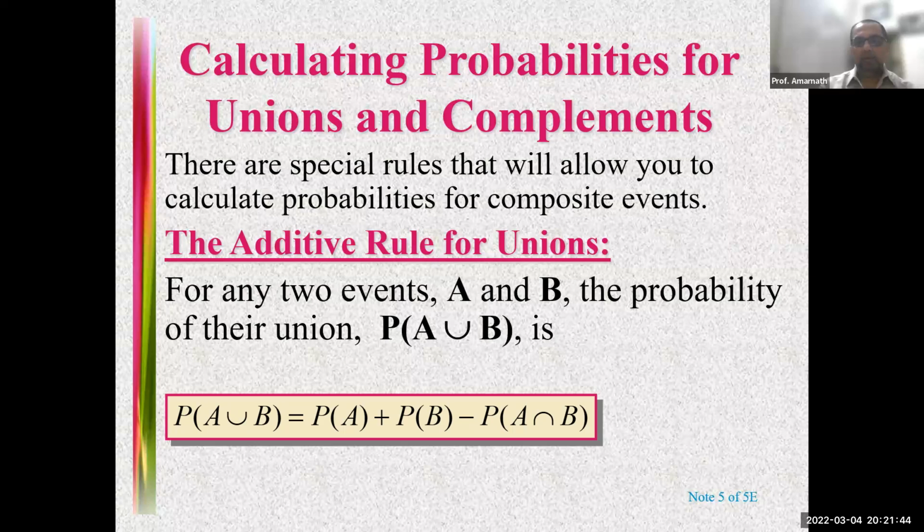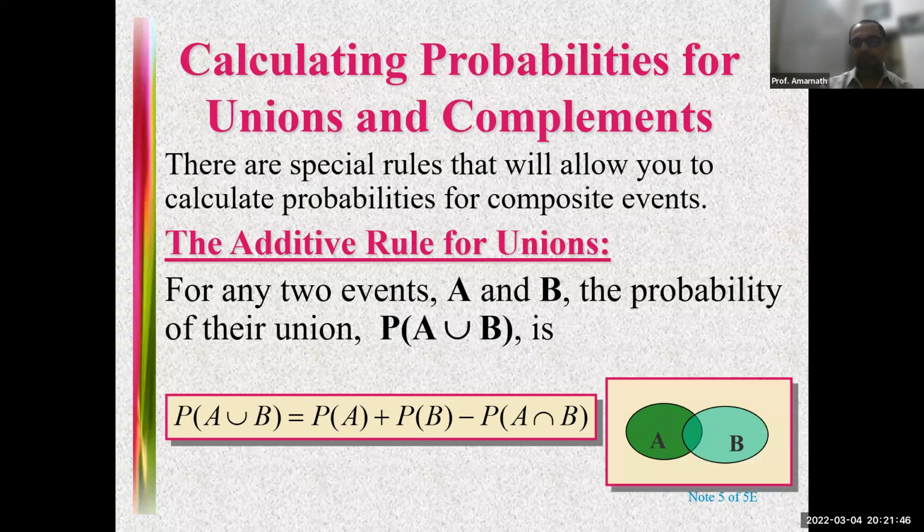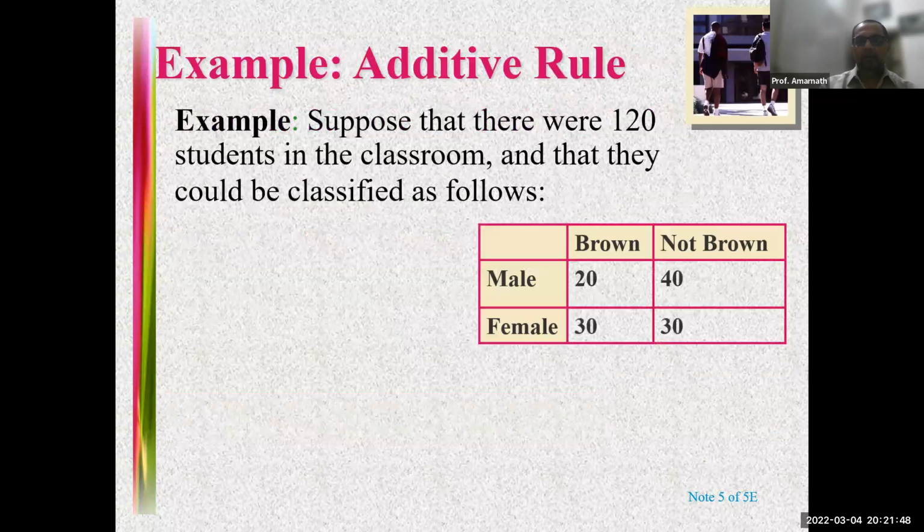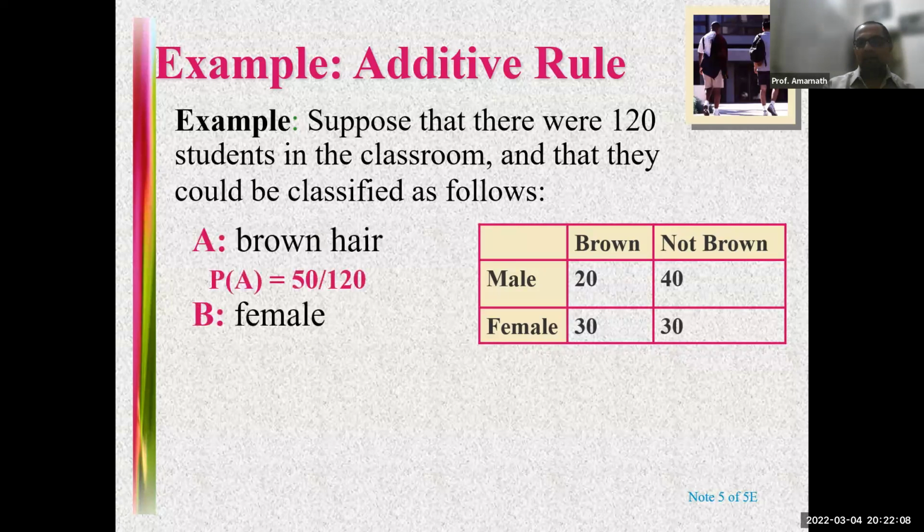So the additive union, that's a formula. An example: suppose there were 120 students in the classroom, classified as male brown hair 20, male not brown 40, female brown 30, female not brown 30. So the probability of A is 50 by 120.